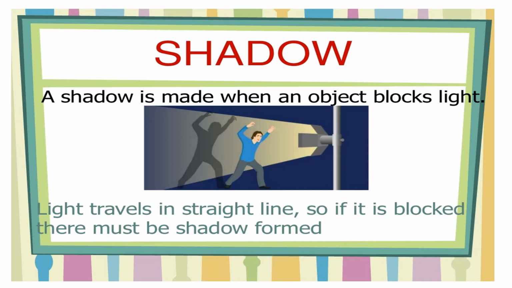Light travels in a straight line, so if it is blocked, there must be a shadow formed. Whenever you block a source of light, a shadow is always formed.